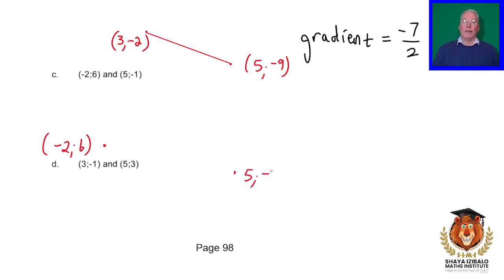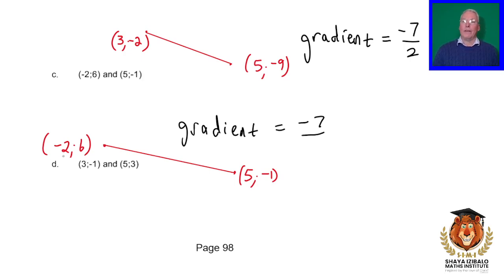This one also has a negative gradient. We don't even need to draw the line in, but let's draw it in. We are dropping 7, so our rise is going to be -7. We're running across by 7 as well. So in fact, this line has a gradient of -1.